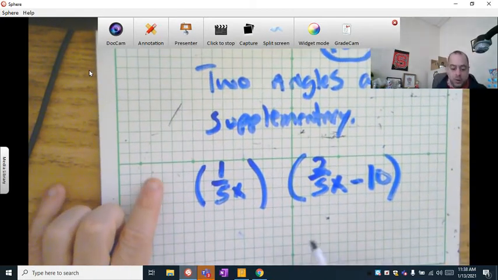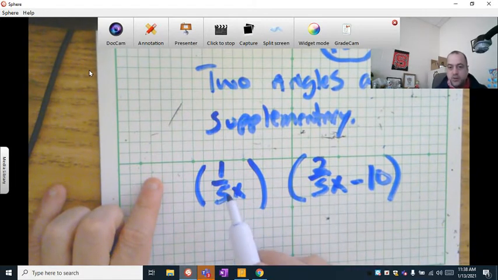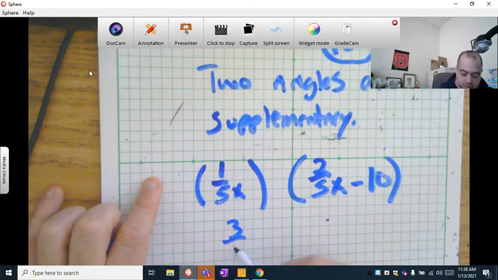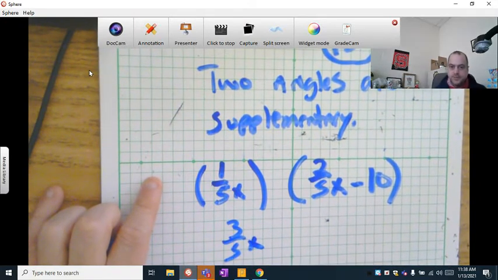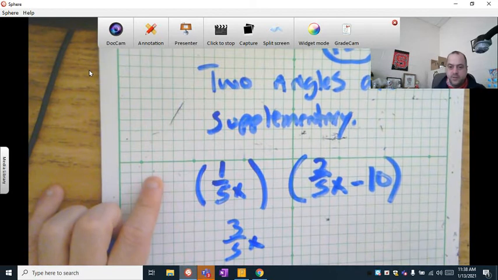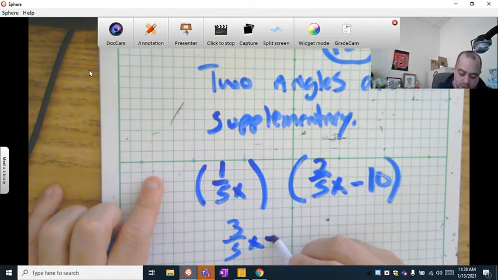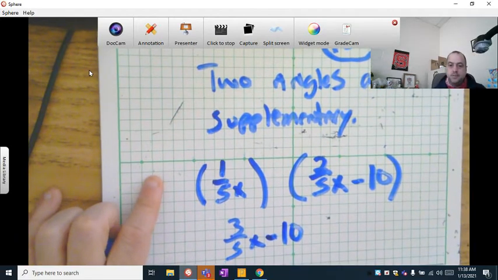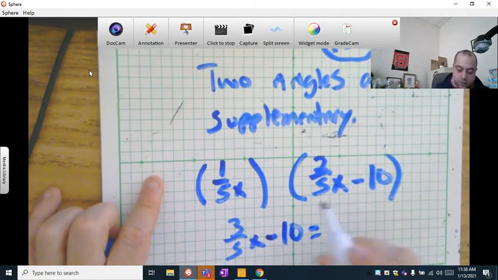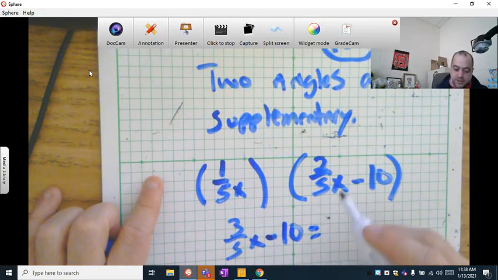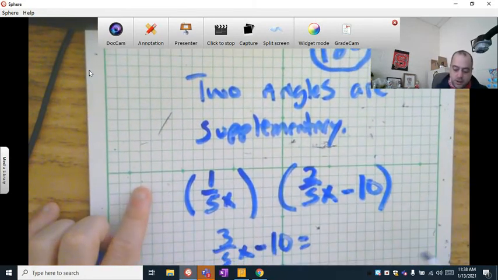It's easy. We're going to add the like terms together. What's 1/5 and 2/5? 3/5. Don't forget your x. Minus 10 doesn't have a like term. He doesn't have a friend, right? So he just stays minus 10. And what do they equal when we combine them and they're supplementary? That means they have to be 180.